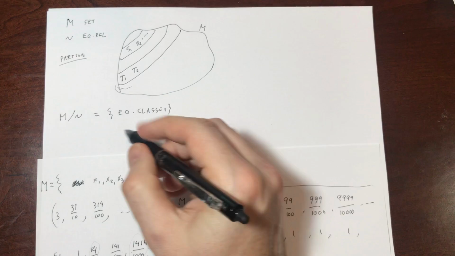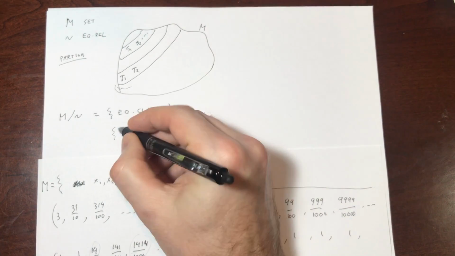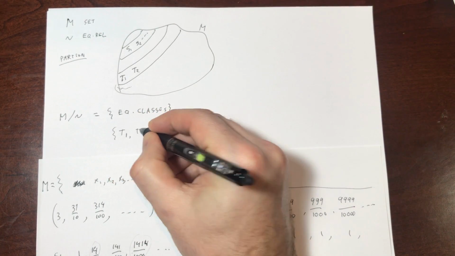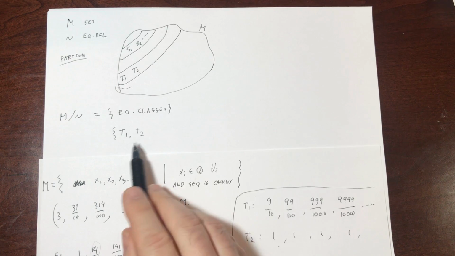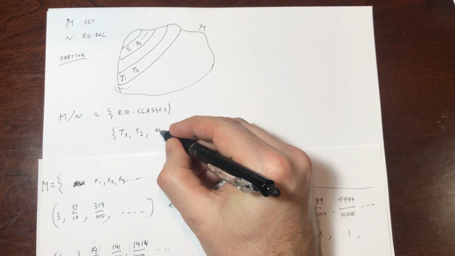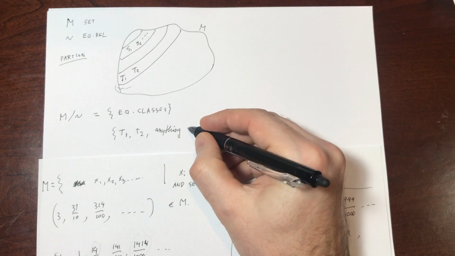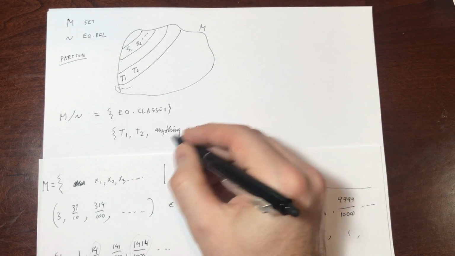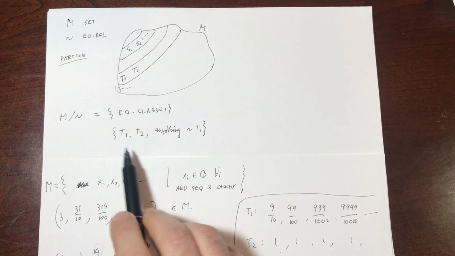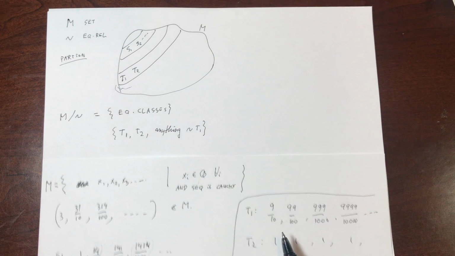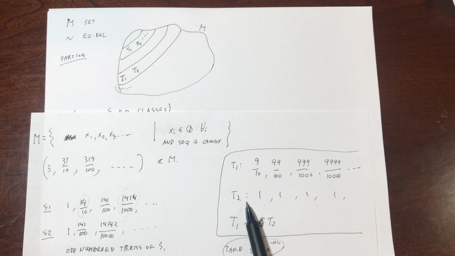So, for example, if I take this class, the class of T1 with T2, this class doesn't just have T1 and T2; any sequence equivalent to T1 is also in here. So this one set contains this sequence, it contains this sequence, but it contains a huge number of other sequences as well.